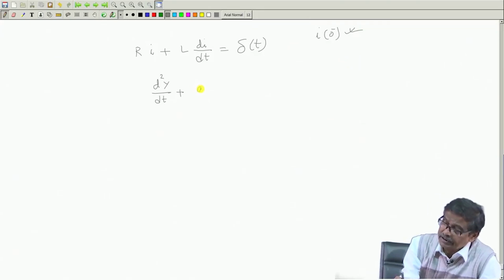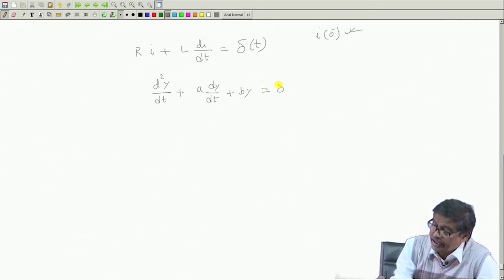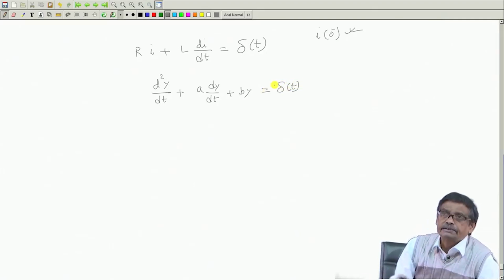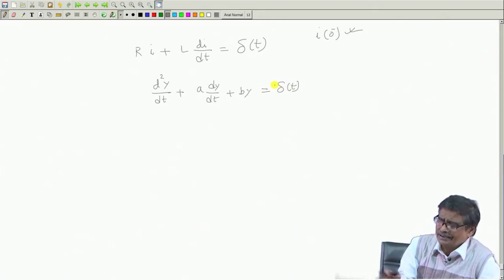Now, let us consider a second order differential equation, d2y dt2 plus a dy dt plus b y. Suppose it is excited by delta t; it could be mechanical, electrical, whatever the system.